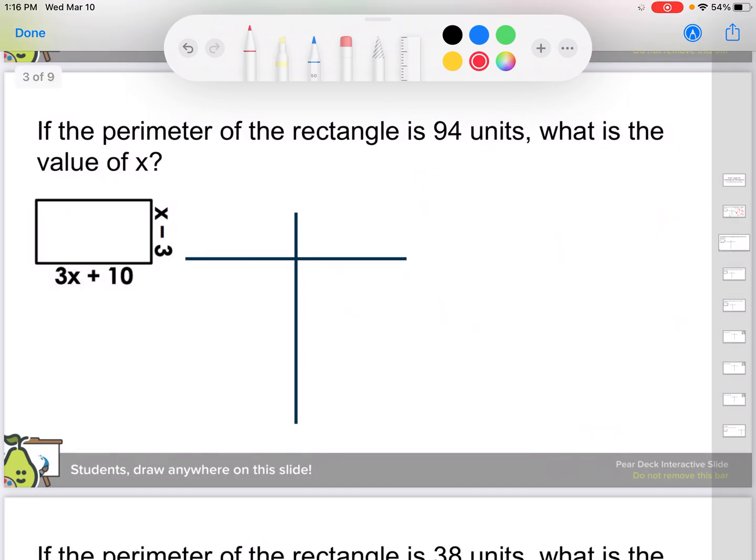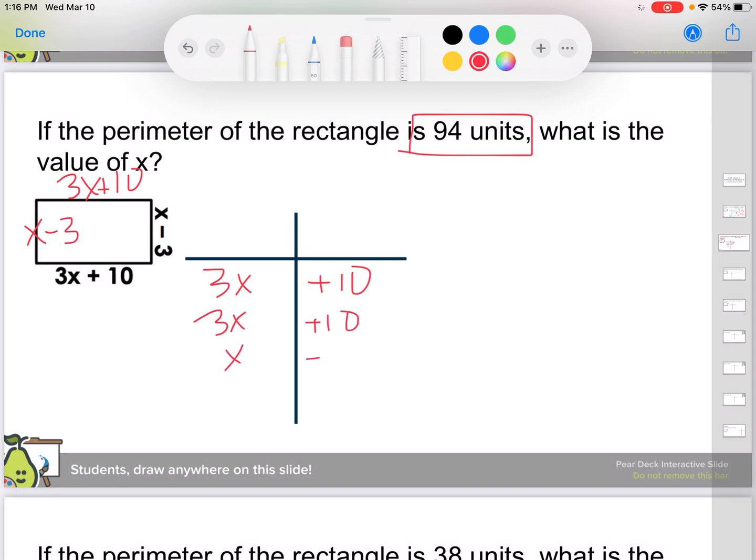Next one. Same thing again. Now the perimeter is 94. So I start by writing in my information. So I have 3x plus 10, 3x plus 10, x minus 3, x minus 3.